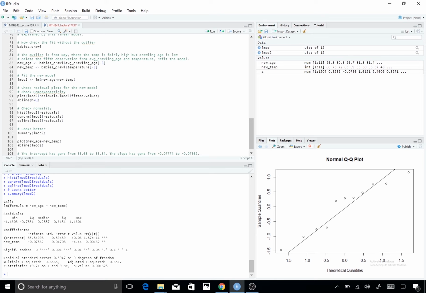R squared has gone up quite a bit, but because the coefficients don't seem that different, I'd prefer to just stick with the original model and leave the outlier in there. If I decided to take it out, I would publish both results and let the audience decide what to make of the outlier, because I don't have any good reason to remove it.